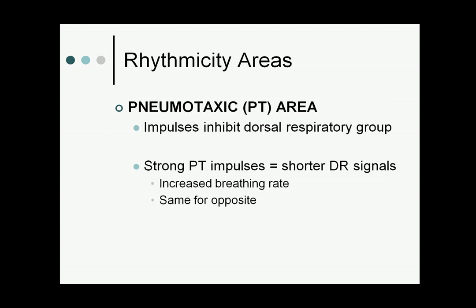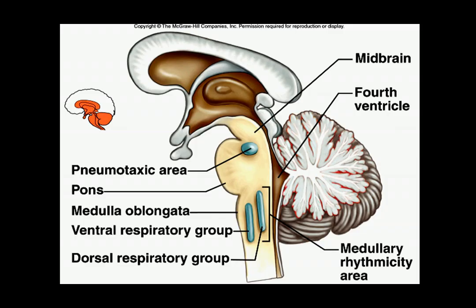And then the pneumotaxic area is basically helping or inhibiting the dorsal respiratory group, so changing the signal basically to change the breathing rate. For instance, if you increase the impulses to the pneumotaxic area, it's going to increase the breathing rate, and if you decrease the impulses, you're decreasing the breathing rate.